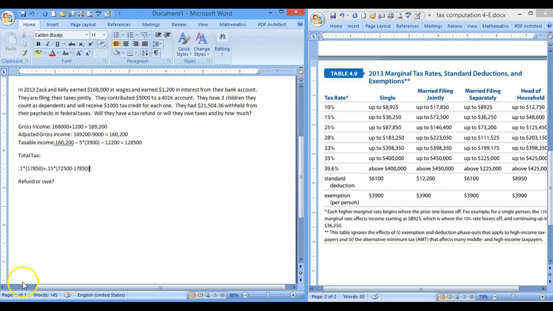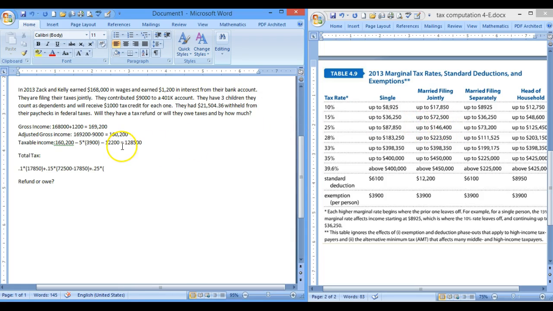Then now we need to move to the 25%, so plus 0.25 times, open the parenthesis. In the 25% tax bracket, it goes up to 146,400. Their taxable income is not that high, so we are not going to go to the top of this bracket.